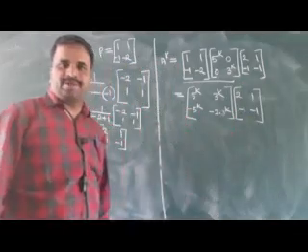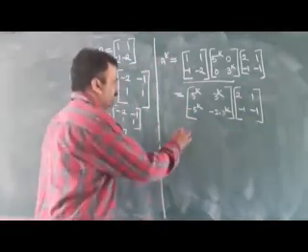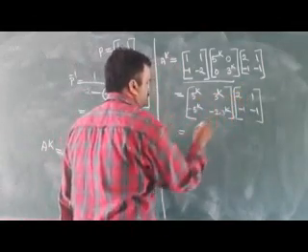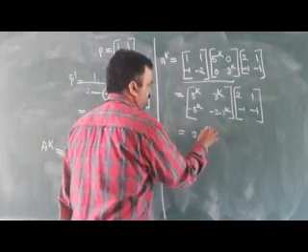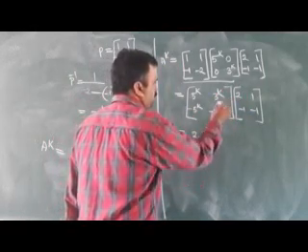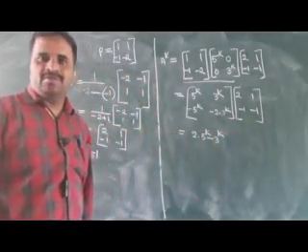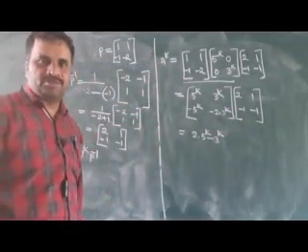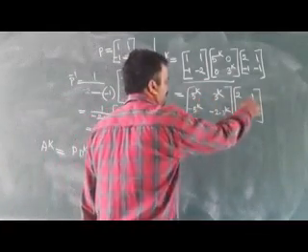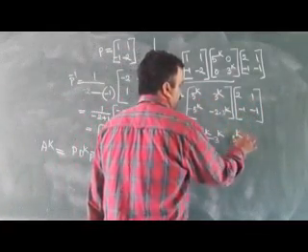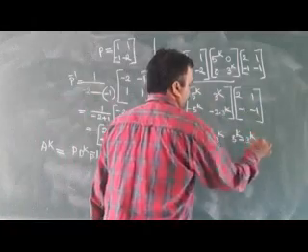Again I have to multiply it. First row with first column: 5 power k into 2, that is 2 into 5 power k, minus 1 into 3 power k, 3 power k. First row with second column: 5 power k into 1, 5 power k, minus 3 power k.